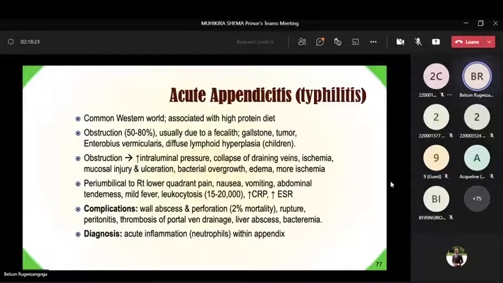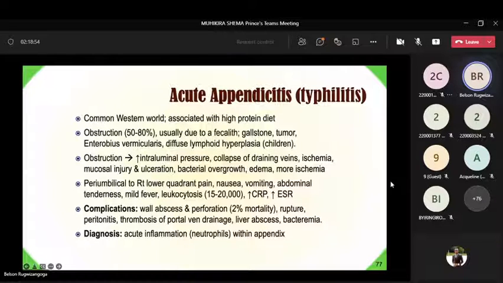Then, it is like you compress the veins. If the veins are compressed, the blood will not pass through easily. Therefore, ischemia may happen, and after ischemia there is necrosis. If there is necrosis, then perforation happens. And this can be accelerated by bacterial overgrowth and so on.